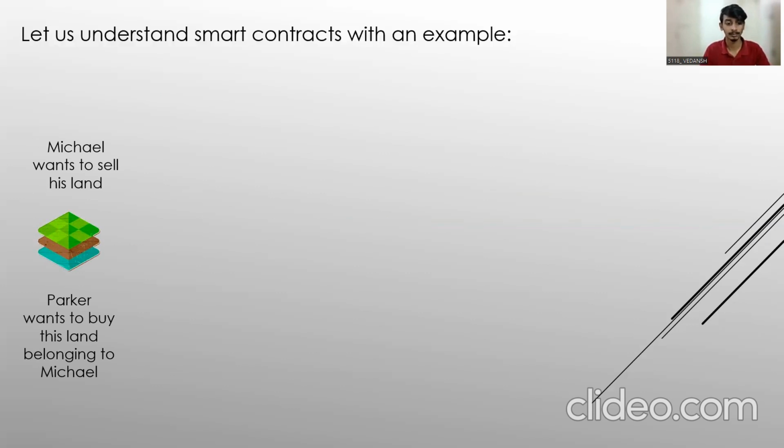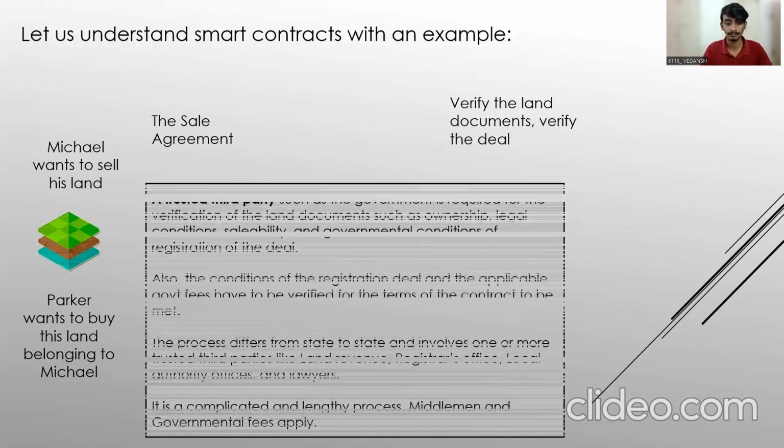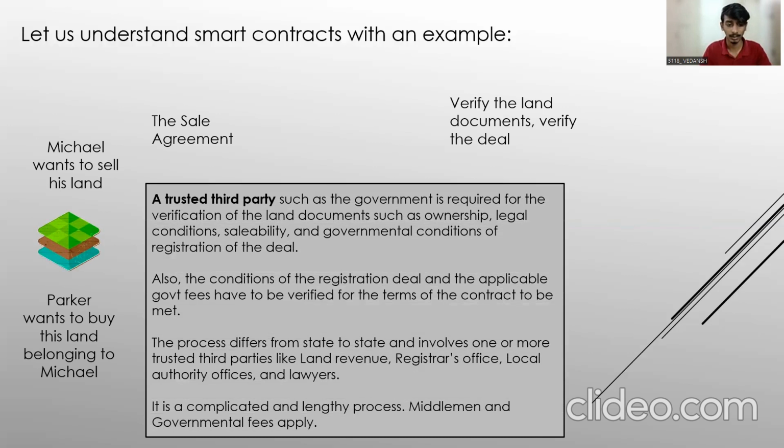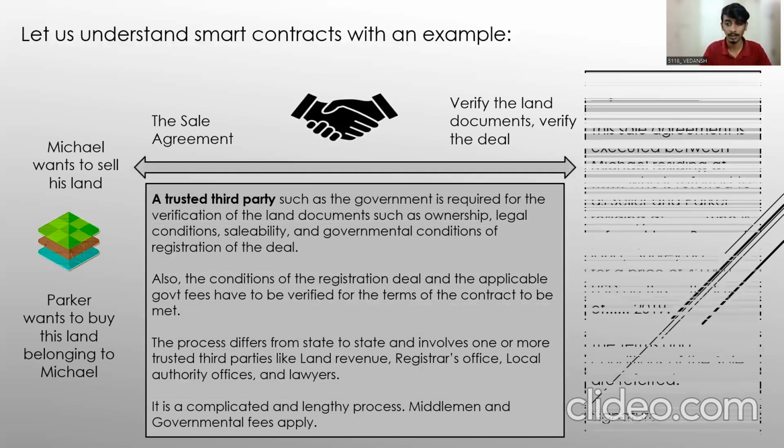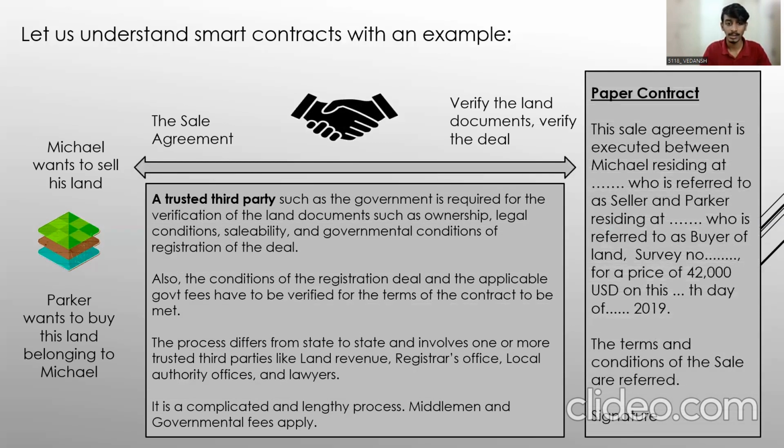Generally in real life, for such a transaction to take place, we use a paper contract in which we list down both the parties, and then once both the parties agree on all the conditions, they sign it, and then the transaction takes place.